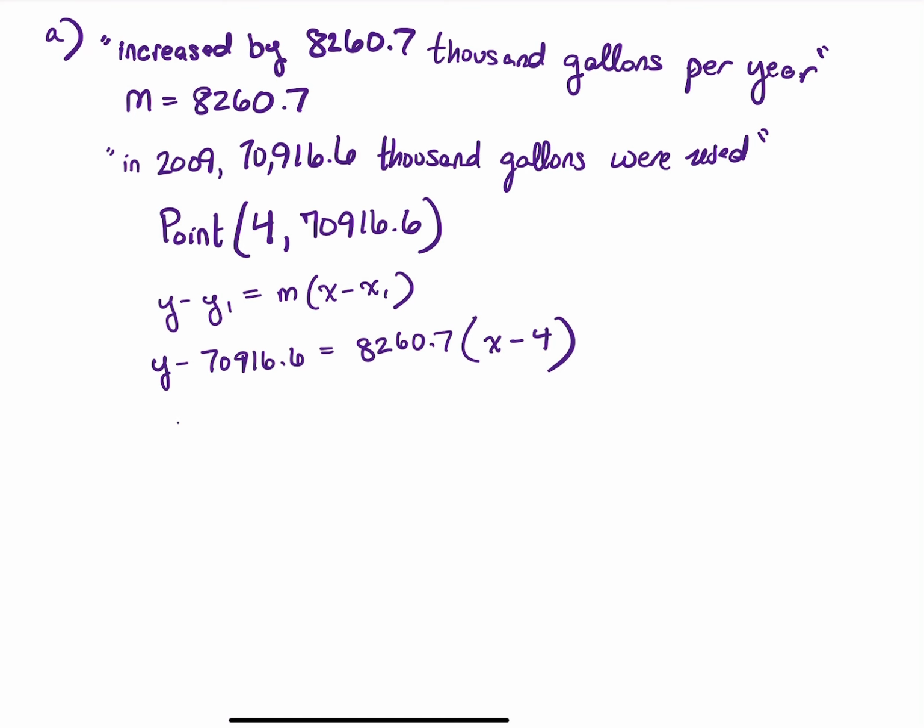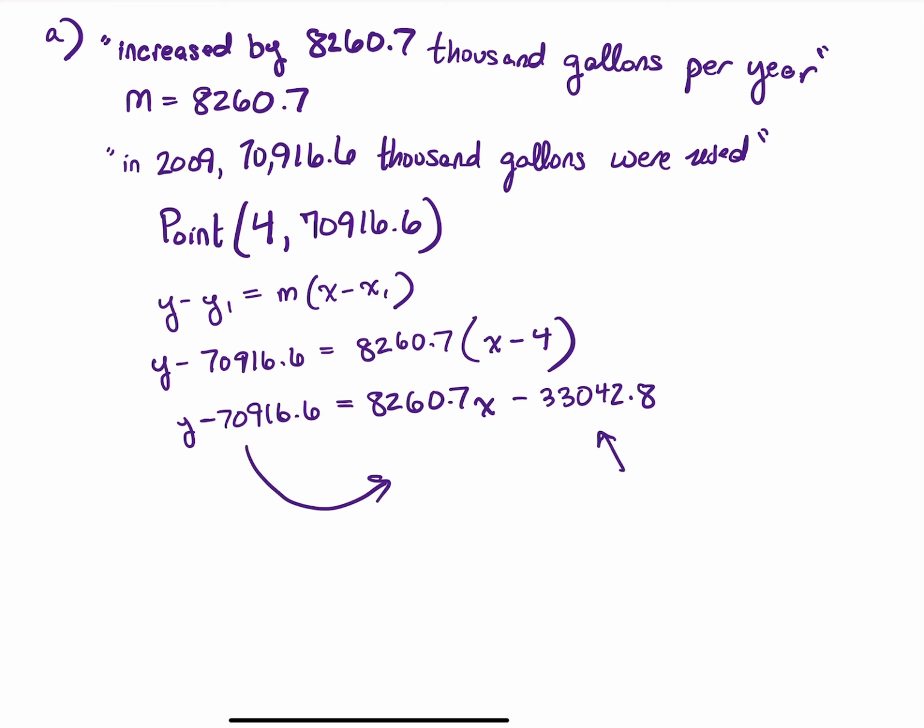So we'll have y minus 70916.6 equals 8260.7x. And then if you multiply this number by -4, you should get negative 33042.8. Oh, and this should be a minus. I wrote an equal sign there. Now we just want to add this term over to the other side.